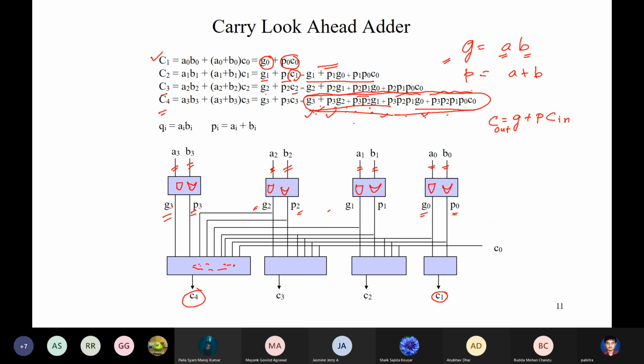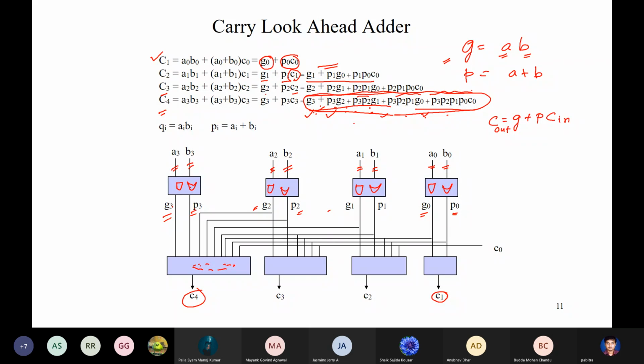So we are paying the price of additional hardware, additional gates, to reduce the delays. But one thing that is for sure is that the delay is independent of the number of bits you add.